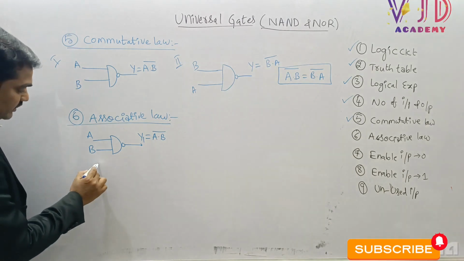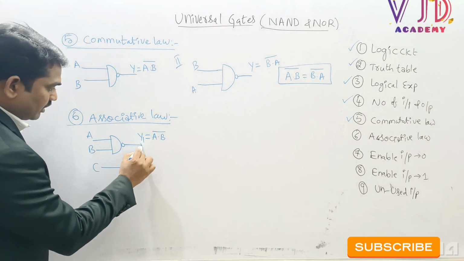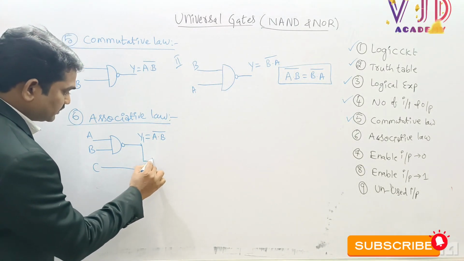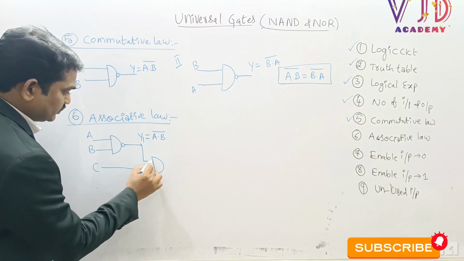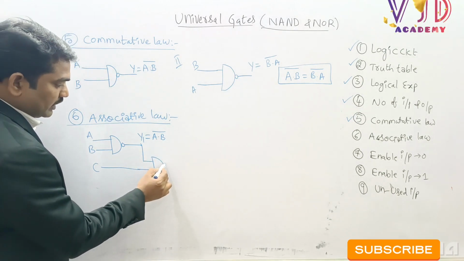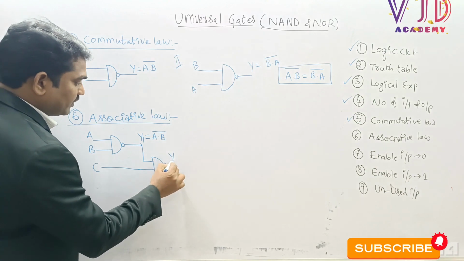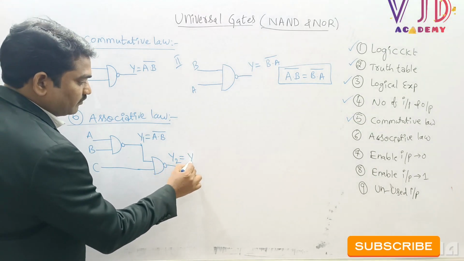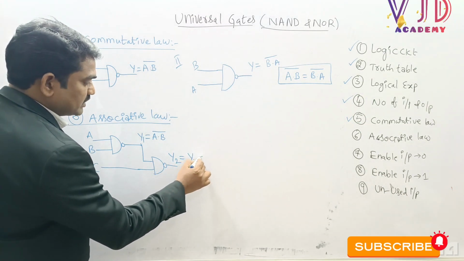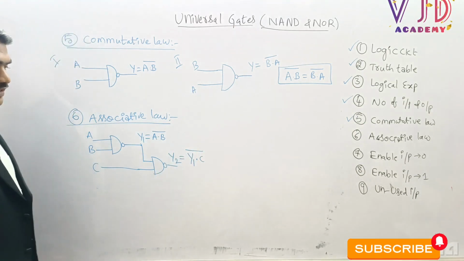And now let me take third input C. Output Y1 and third input C, when I connect these two inputs Y1 and C to another NAND gate, the output will become y2 equal to y1 into C whole bar. So this is the condition.